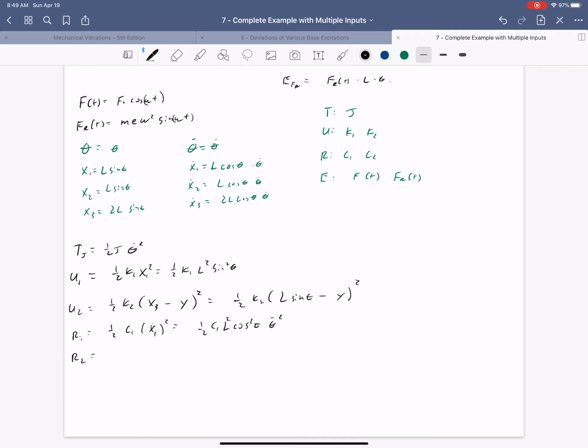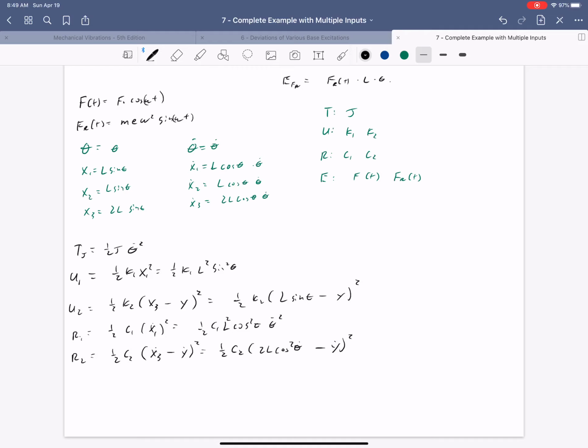And R2 is equal to 1/2 C2 times x3 dot minus y dot squared, which is equal to 1/2 C2 of 2L cosine theta, theta dot minus y dot squared.